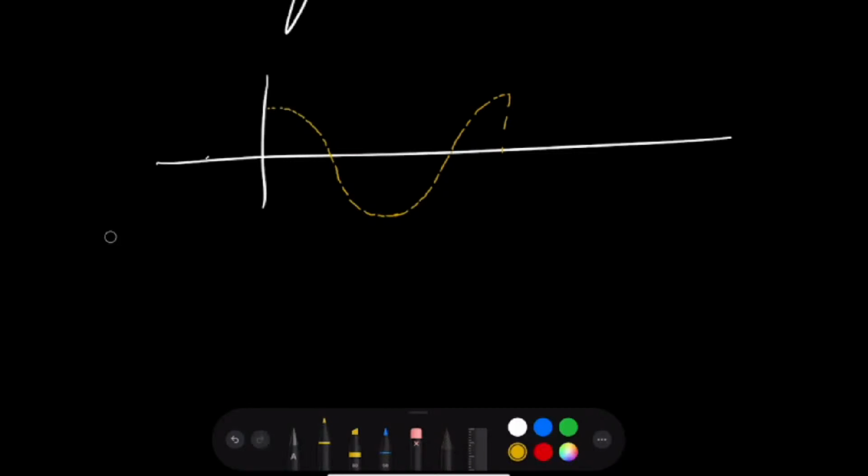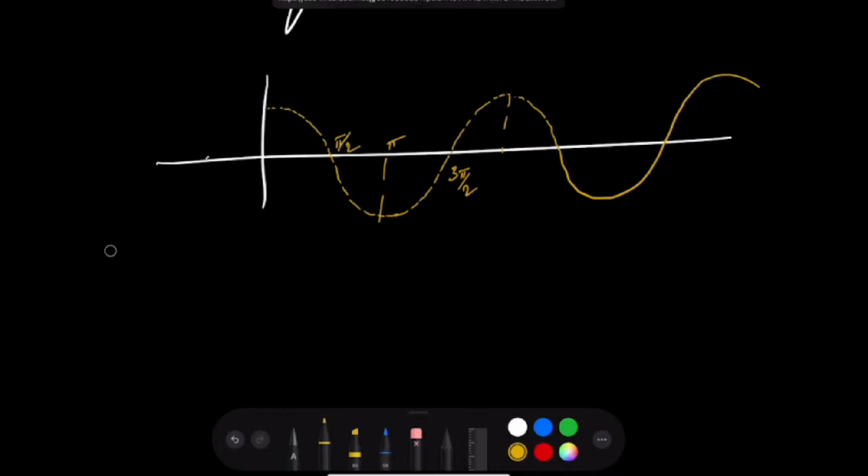Again it will enter the first quadrant, and this cycle will repeat. So this is pi by 2, this is pi, this is 3 pi by 2, this is 2 pi, and so on and so forth.